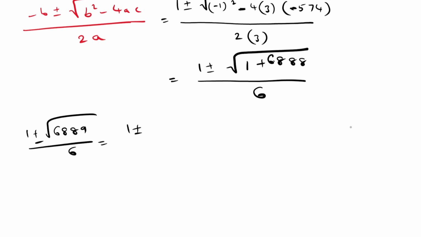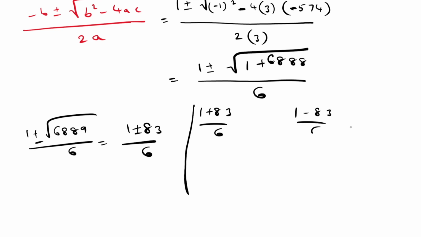So under root 6889 is 83, divided by 6 as it is.